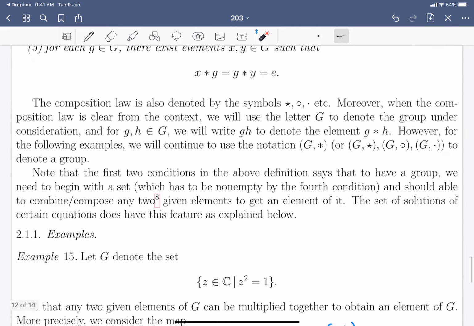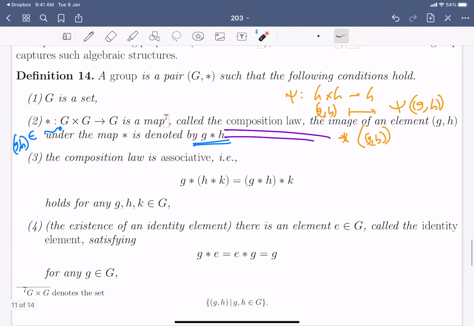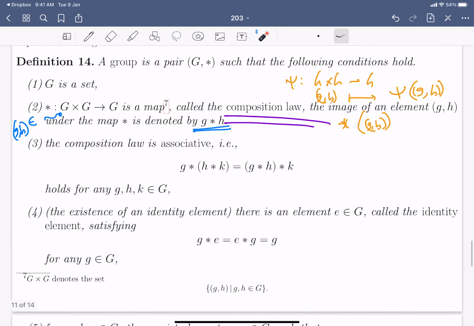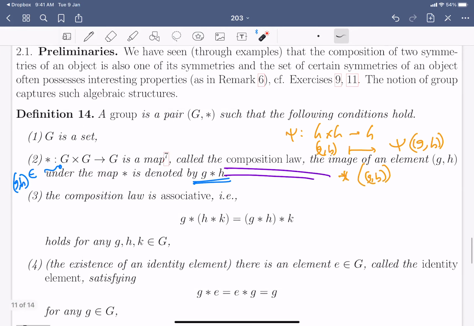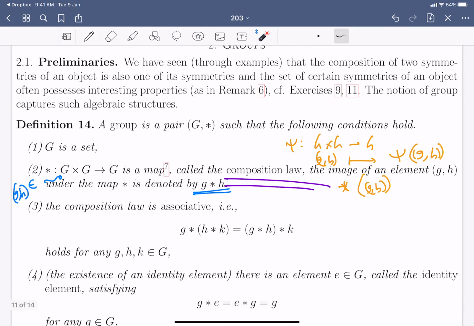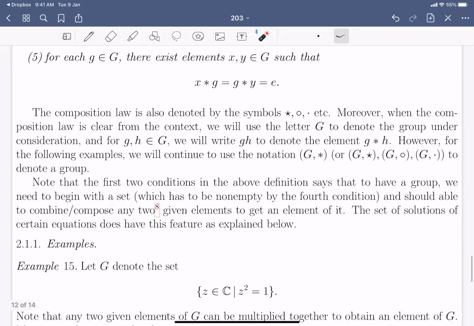The pictures that I drew were just to motivate the notion of group. There is not much to learn from them because I have just given one definition. But to make sure that you understand the content of this definition, it will be useful to go through the examples that we discussed in the very beginning.